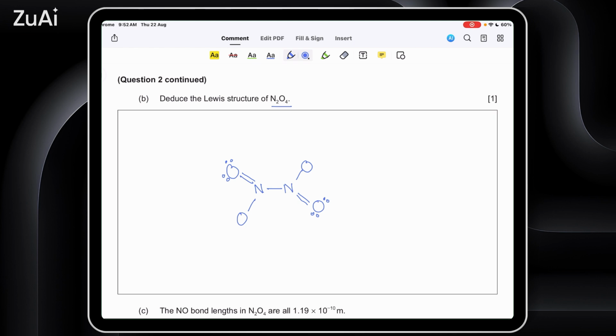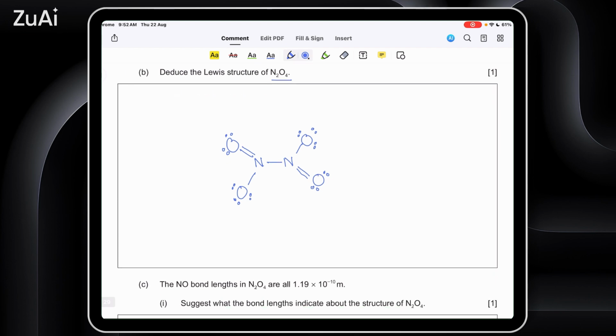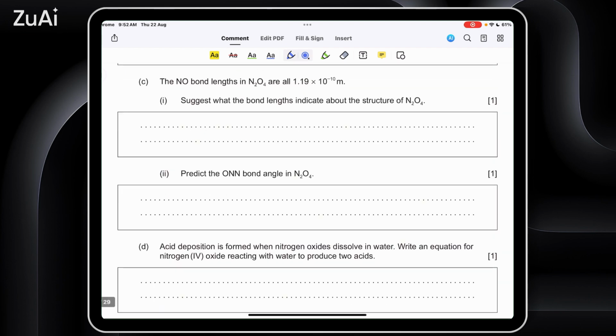Over nitrogen, it makes all 5, 1, 2, 3, 4. Over oxygen, you can make lone pairs to complete its octet. Nitrogen is fully completed, so no need to put more electrons on nitrogen. That's the Lewis structure.